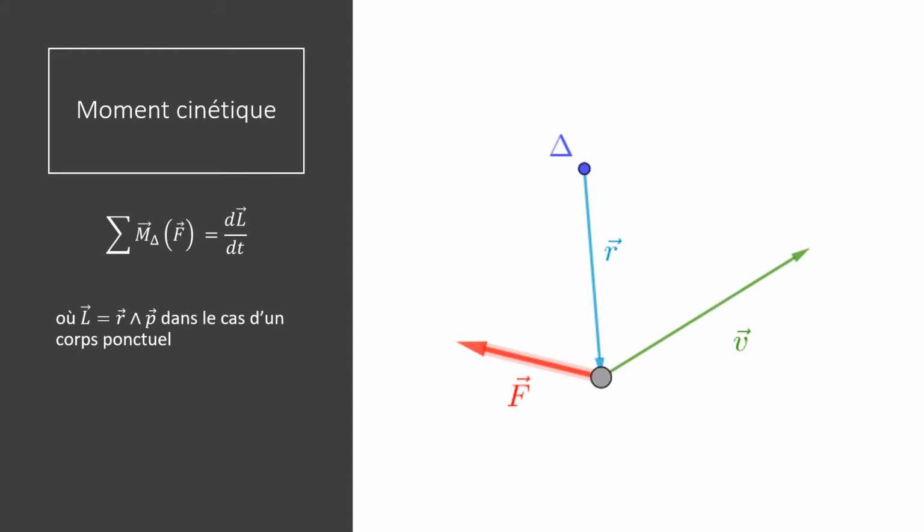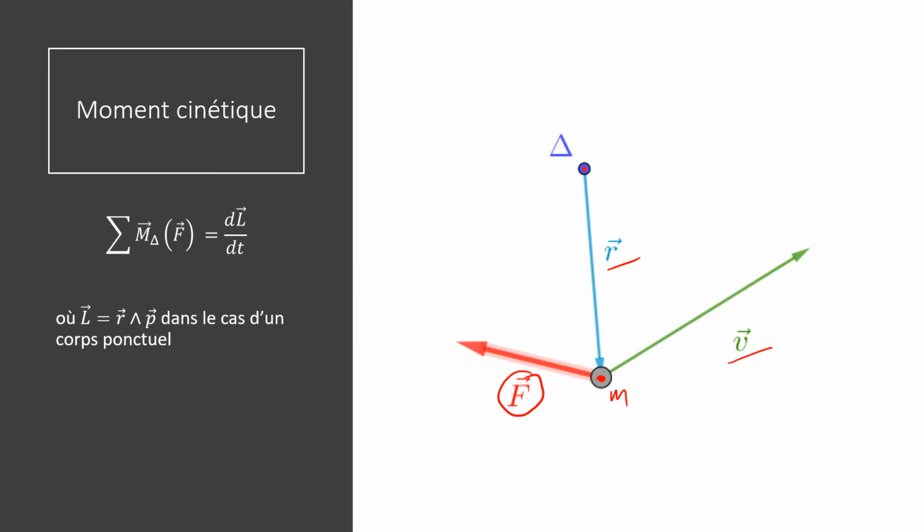Now the quantity that I want to show you is the angular momentum, moment cinétique in French or Drehimpuls in German. And we try to derive it in the very simple case of a point-like body moving at velocity v with a mass m, positioned at a certain time at a position r from the axis of rotation, and for simplicity we'll consider that there's only a single force acting on this body.